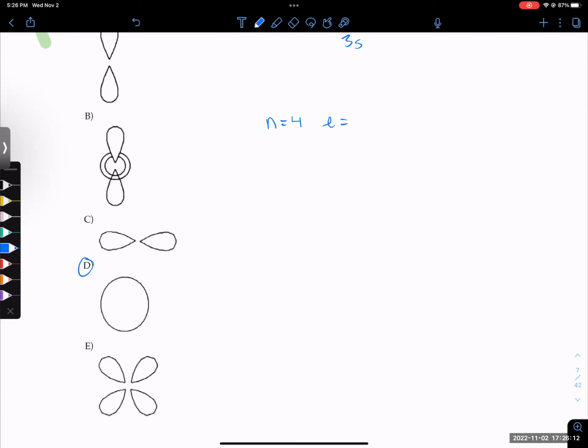So not 3 minus 1, it's n minus 1. n is 4, so 4 minus 1 is 3. So L can be 0, 1, 2, and then 3. It's only one of them at a time. You can't have more than one L value associated with each electron.